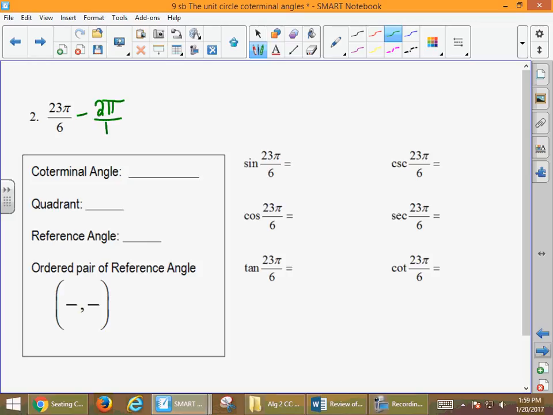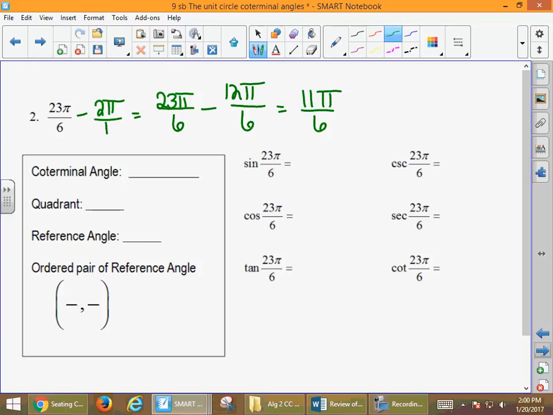So we need to find the common denominator. So the 23 pi over 6 isn't going to change, but the common denominator between 6 and 1 is 6. And we multiplied 1 by 6, so we're going to multiply 2 by 6 to get 12. And we've got 23 pi over 6 minus 12 pi over 6, which is 11 pi over 6.